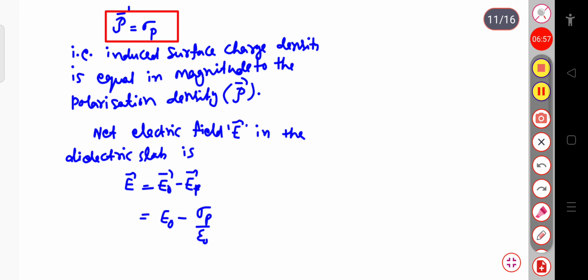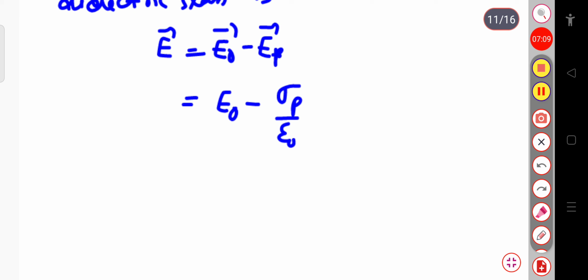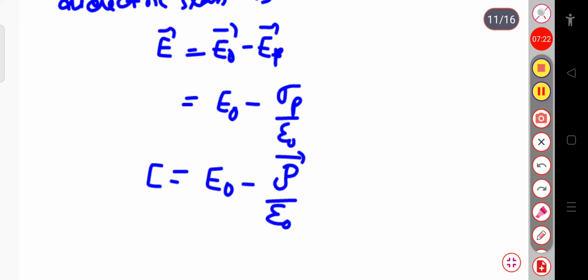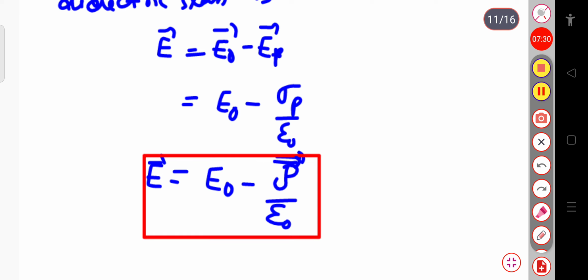Also you know that polarization density P equals sigma P. So if I substitute sigma P by the polarization density P, then this will be P divided by epsilon naught. So the net electric field E will be equal to E naught minus P divided by epsilon naught. This is the P vector.